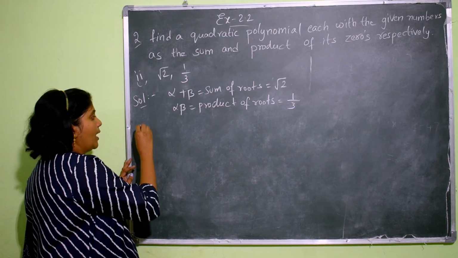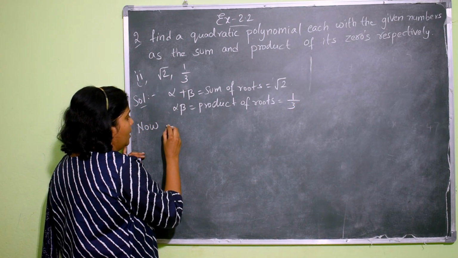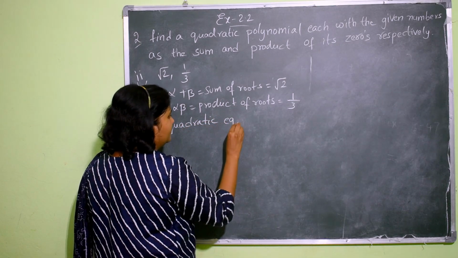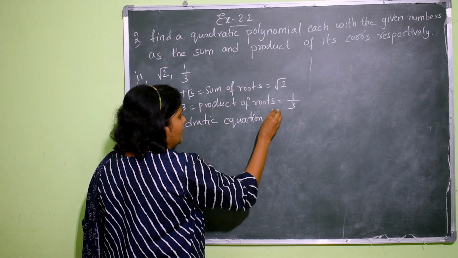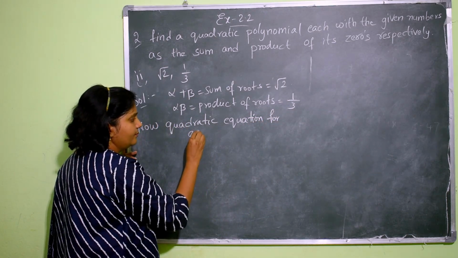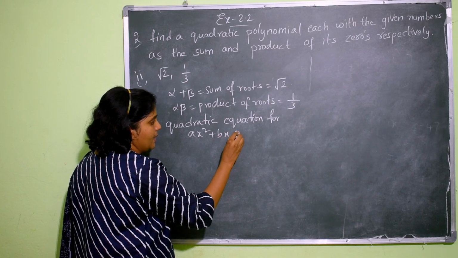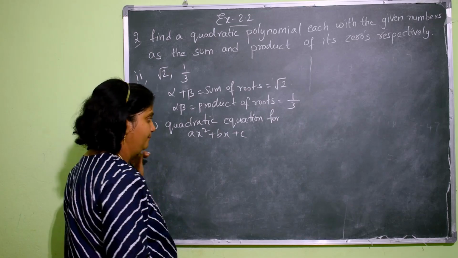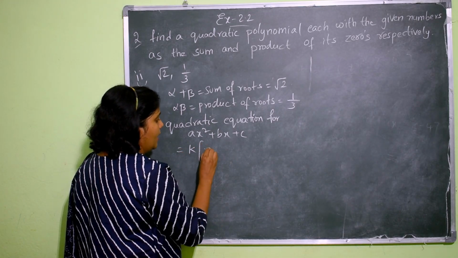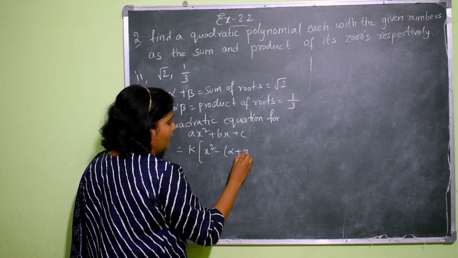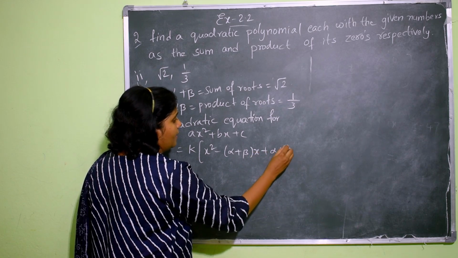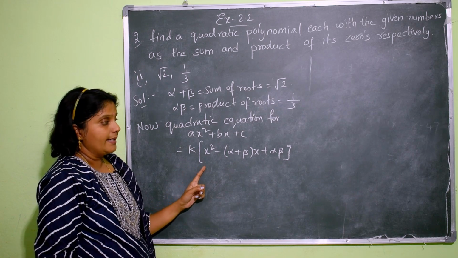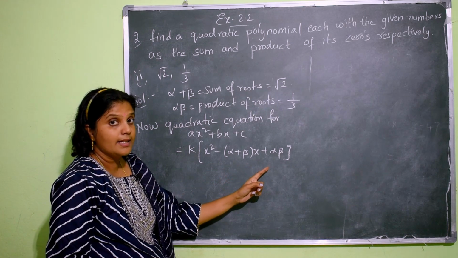Now the general form of the quadratic equation. The quadratic equation for ax square plus bx plus c is k into x square minus alpha plus beta into x plus alpha beta.